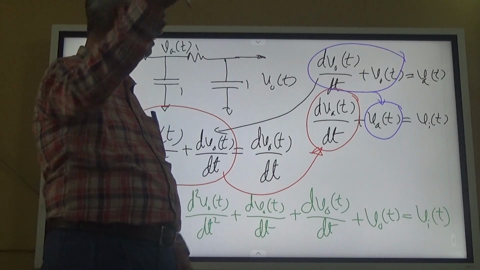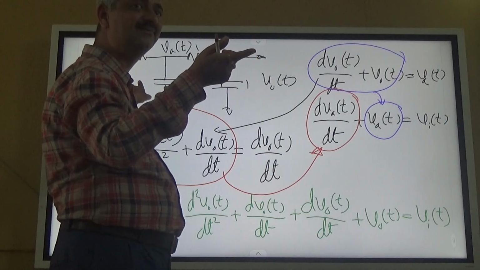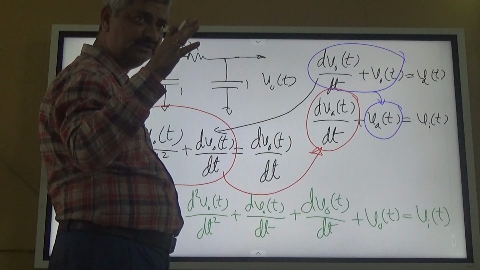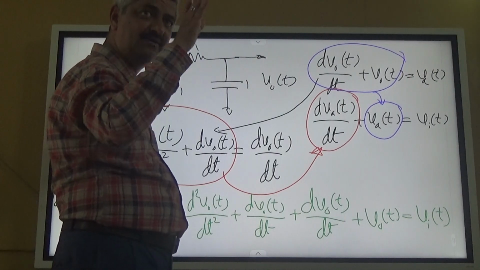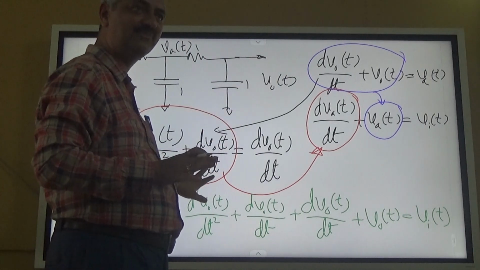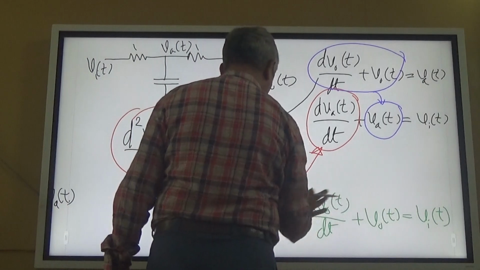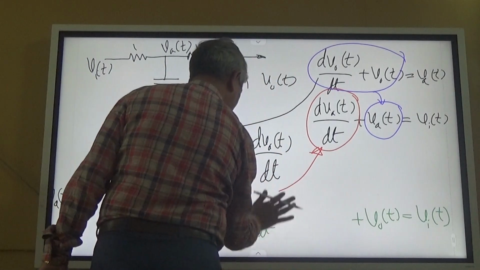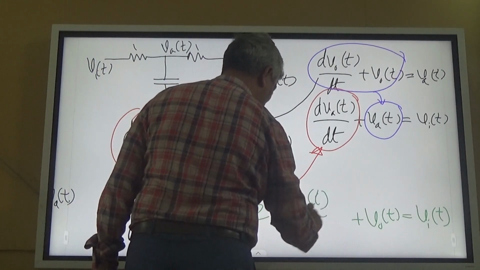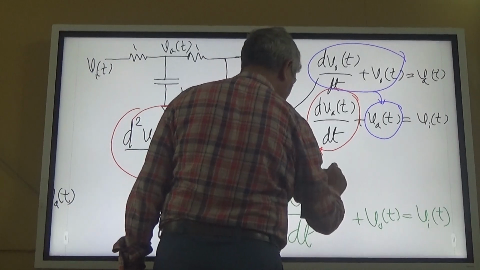Last week we derived this in detail, I hope all of you have the solution. Now we derived it again, and here we find that it becomes 2 dVOT/dt, and in the previous week it was 3 dVOT/dt.